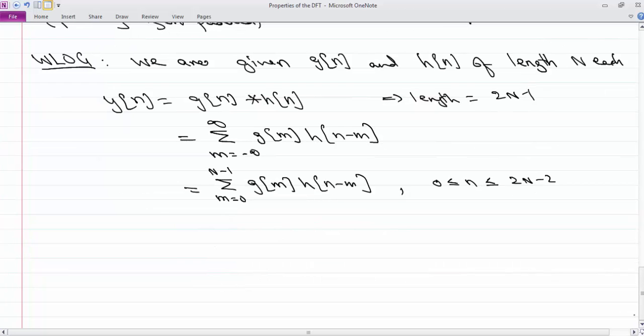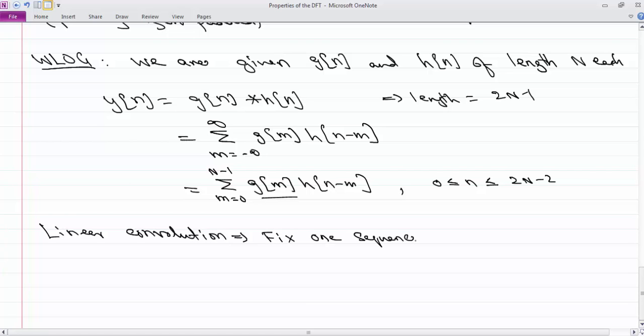And the way to think of linear convolution is, linear convolution involves you fix one sequence, any one sequence, doesn't matter.